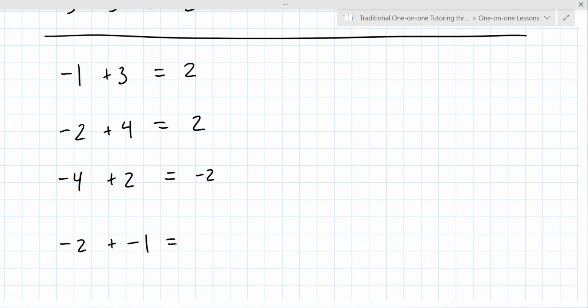What is -2 plus -1? 3? Is that your final answer? I think it's just 1 or something. Well, they're both negative, so shouldn't the final answer be negative? Yes. Okay. -3.